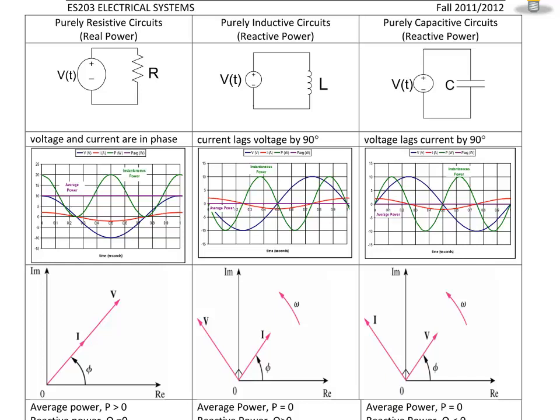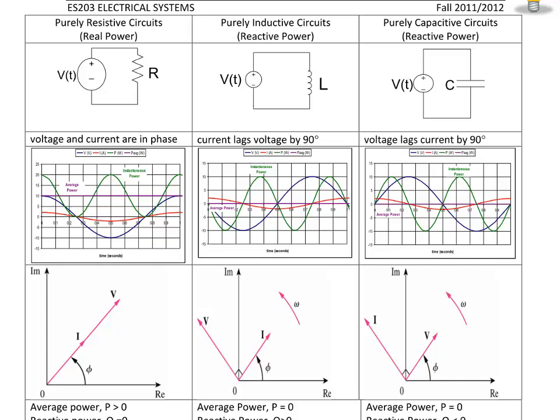And notice all of these graphs have been made assuming a resistance of 5, and so we would have an average power of 10 watts, and the green line represents the instantaneous power.